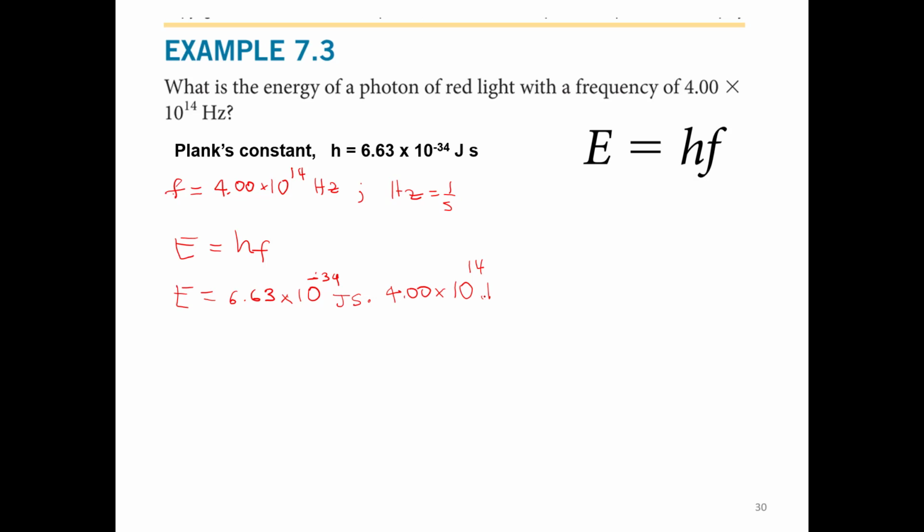Hertz is 1/second, so let's write here 1/second. Then let's check the units. This second cancels out with this second, and we have joules in the answer. And this is the unit we expected because it's energy.